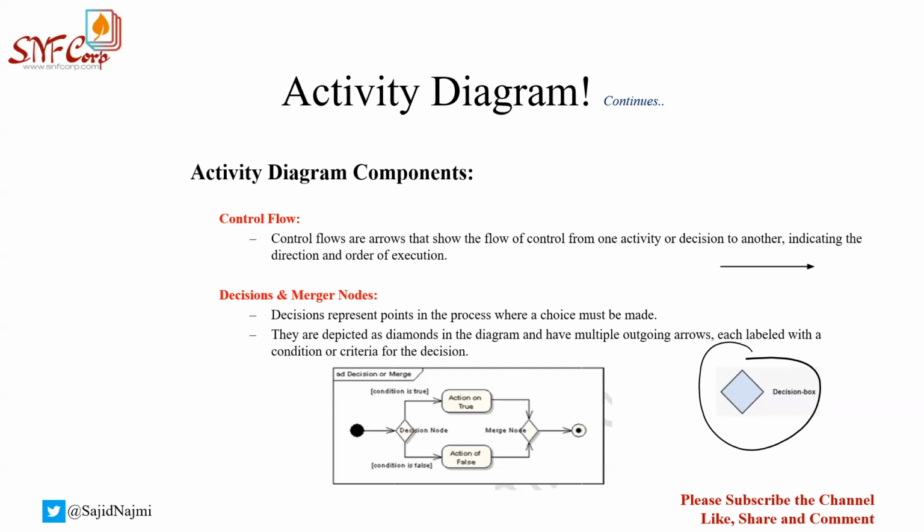So what is the difference between decision and merge? First, let me help you understand. The decision is where you are trying to decide which action I'll be going ahead with if that condition is either true or false based on the business requirement. Say an example: this is your condition one, this is your condition two.